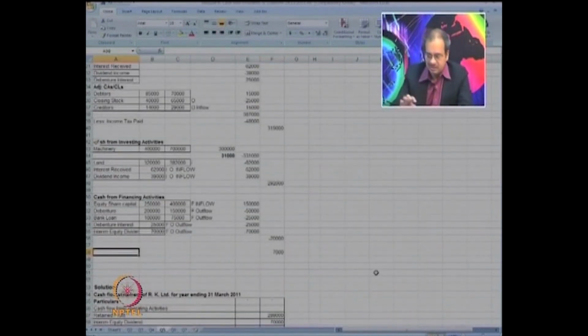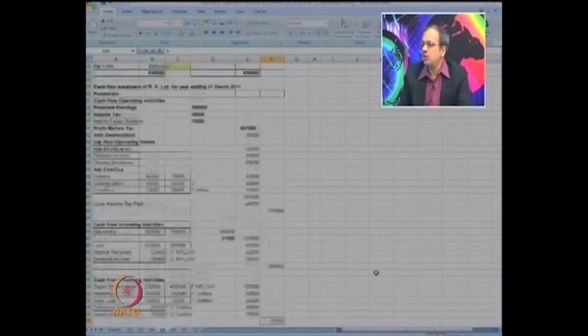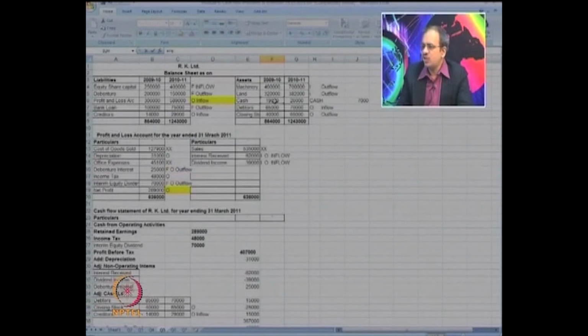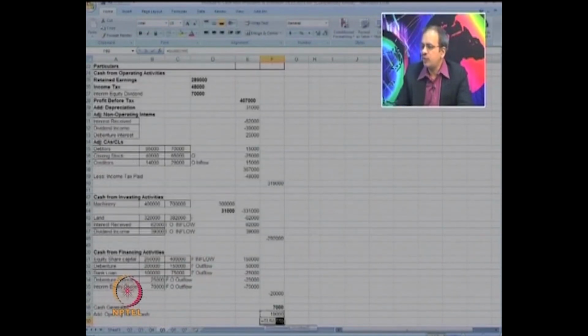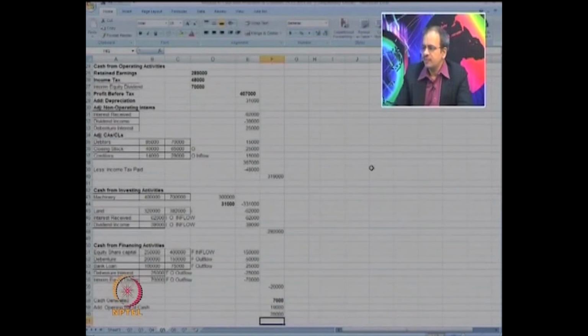Okay, so here this 7,000 represents cash generated by business, or you can simply say cash generated, which is 7,000. I will make it bold. To this we add the opening balance of cash, which we know is 19,000, and now if you take the sum, it will be equal to the closing balance.